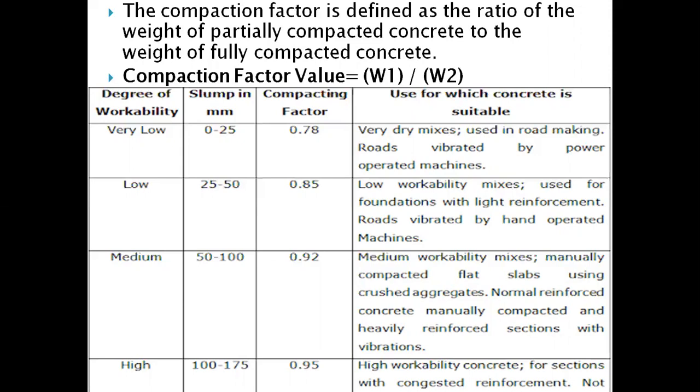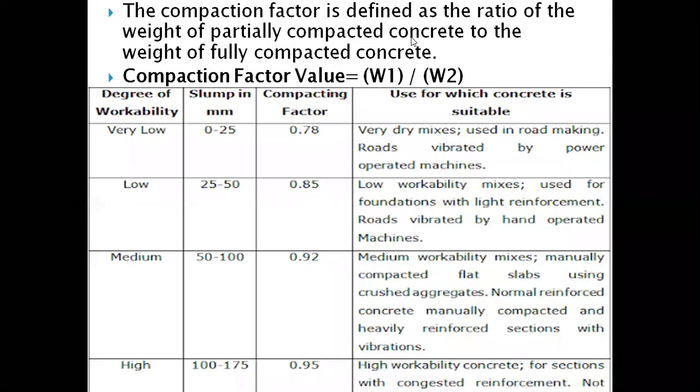Depending upon the compaction factor, we can identify or classify the workability of a concrete. First is the degree of workability very low. The compaction factor has the value 0.78.